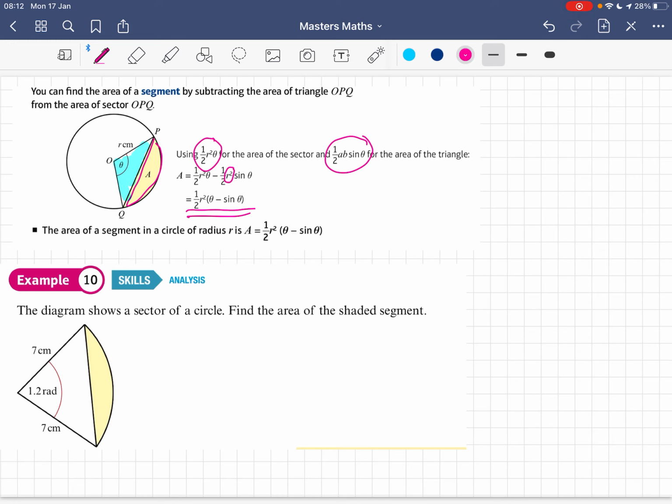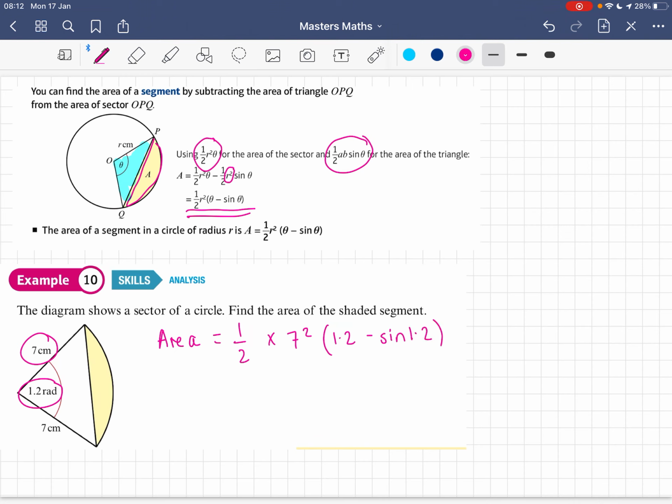So a really quick example to use that. Here we have the radius is 7. We have the angle is 1.2 radians, and then we can put that into the formula. So the area of the segment is a half times 7 squared multiplied by 1.2 minus sin 1.2.